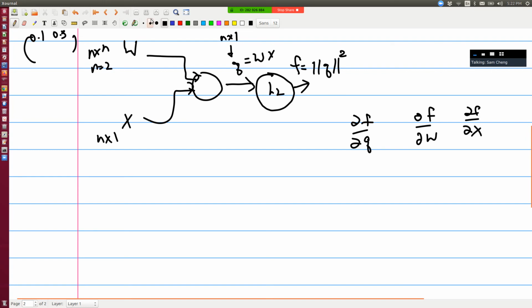I probably better use a finer pen here. So w is 0.1, 0.5, minus 0.3, 0.8. It's hard to write. And let's say x here is equal to 0.2 and 0.4.